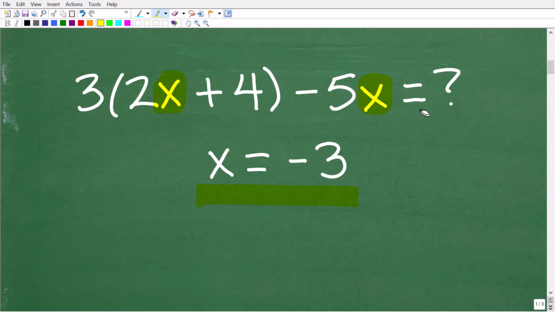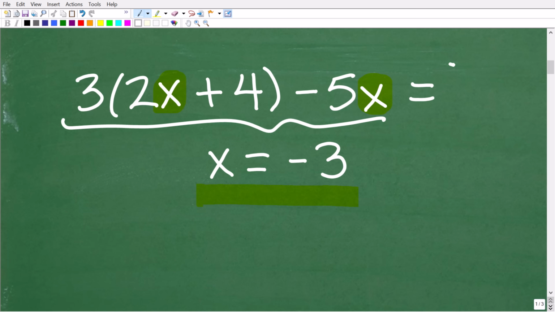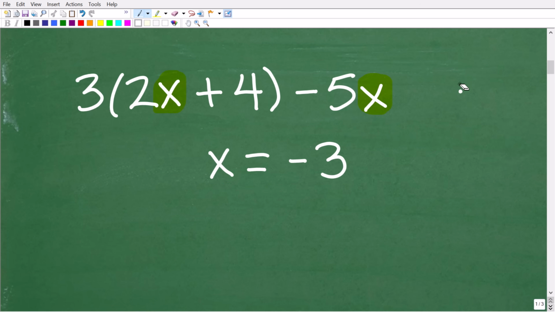What I can do here is erase this equal sign, because we're not setting this variable expression equal to a value like, say, 7. If we had that situation, this would be called an equation. But really what we have is this, and we're trying to determine the value of all of this when x is equal to negative 3. So this is called evaluating in algebra.